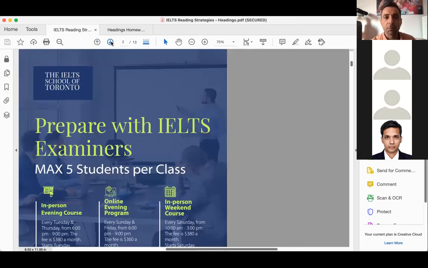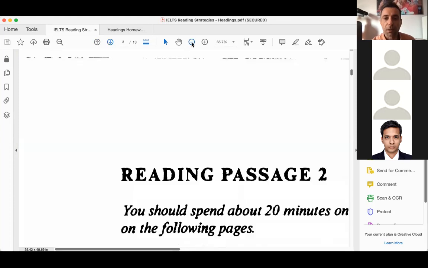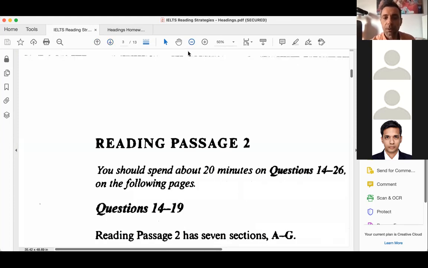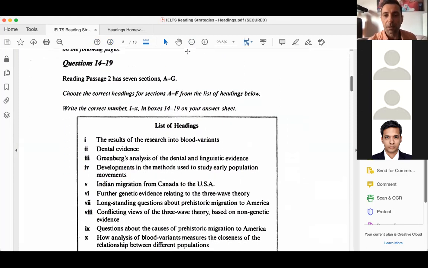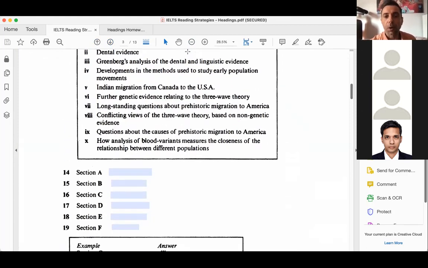So the very first page, this page here, it's a reading exercise. The headings are displayed here, and you are required to find the right heading for each of these paragraphs. So paragraph A to F, there are 6 questions, and I'll give you around 10 to 12 minutes to complete this exercise.